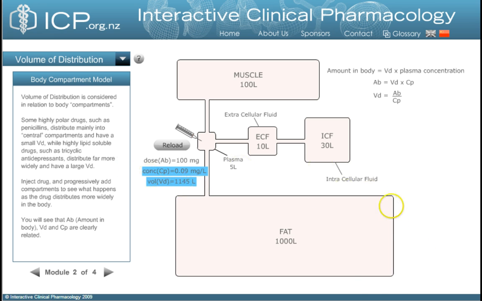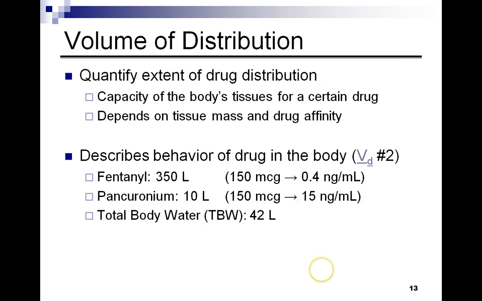Because the fat compartment is a reservoir for this fat-soluble drug. This is what's going on with fentanyl, which has a very large volume of distribution. On the other hand, pancuronium, which has a very small volume of distribution, is probably limited to the serum and a little bit of extracellular fluid.